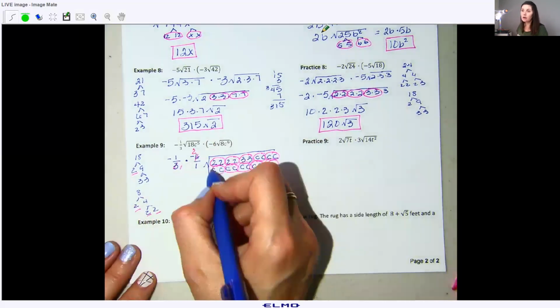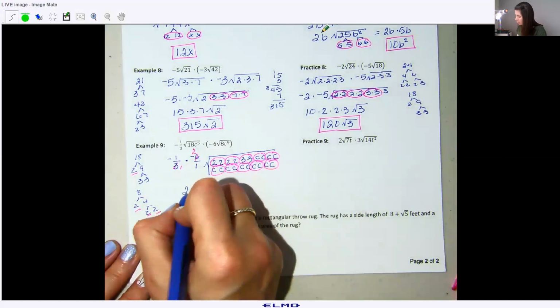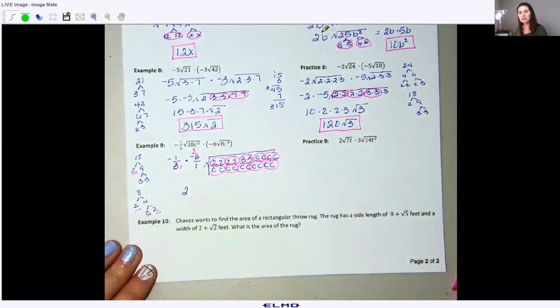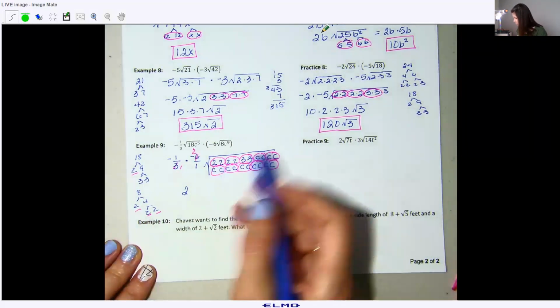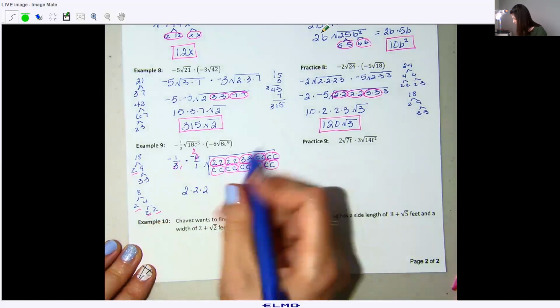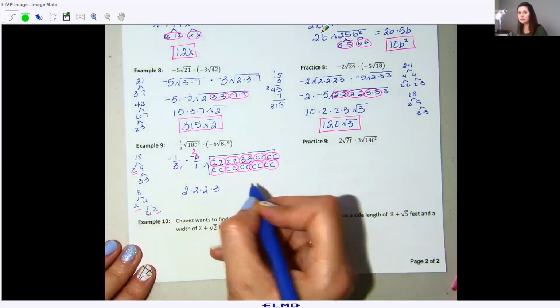So we have 2 on the outside. All of our numbers, our radicand, they all pair up. So I'm going to end up with a whole number and no more radical. And there's 1, 2 2s, and then a 3, and then 7 C's.